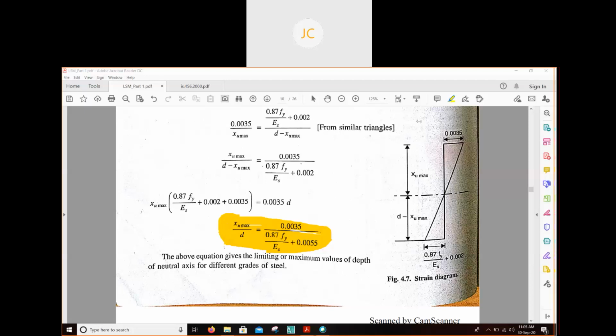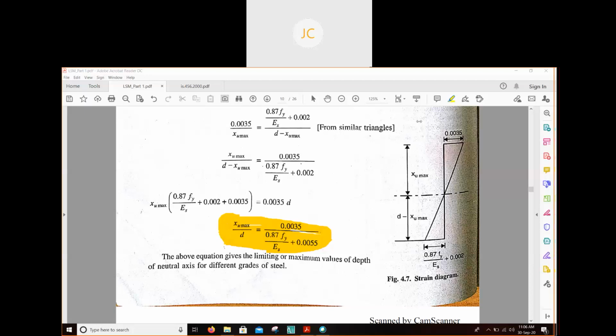Okay, so limiting value of, the name itself says it is the maximum value of neutral axis, which is limited to ensure that we will get an under reinforced section.